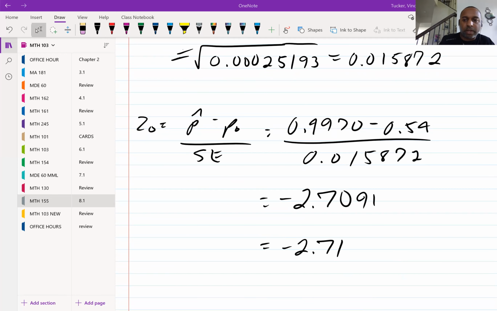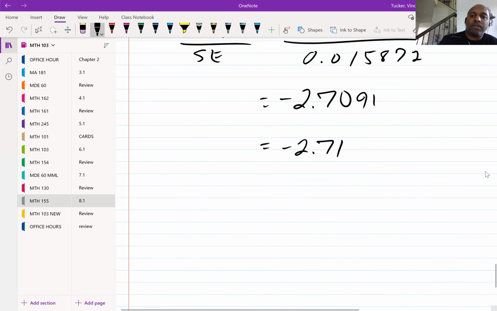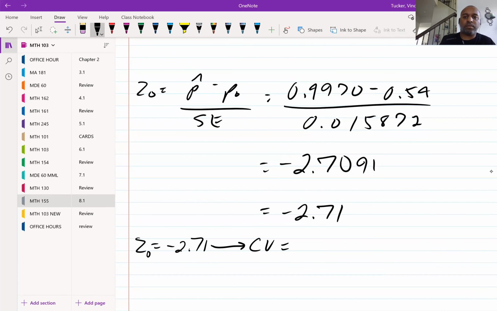All right, so that's good. So now we need our p-value. So we have to go to the chart first. Make sure everybody's good on that. 0.0034.